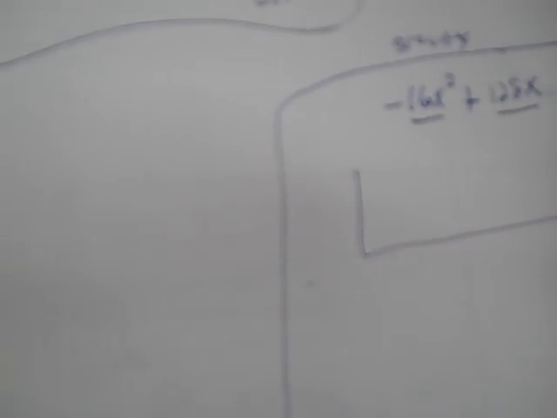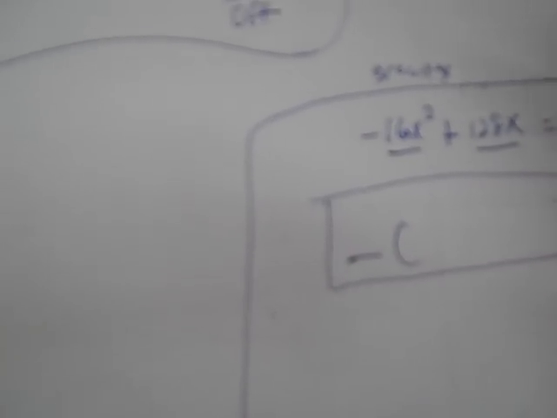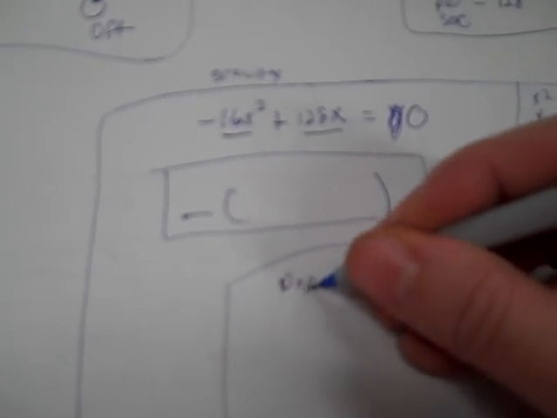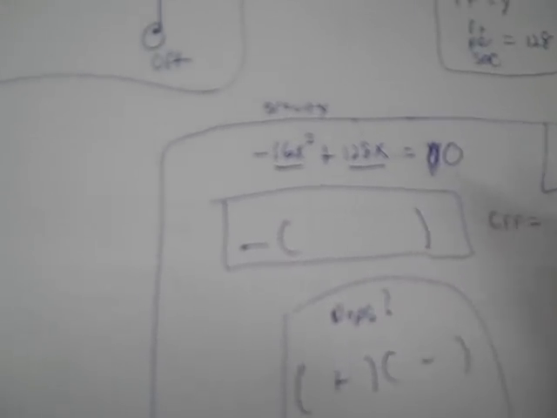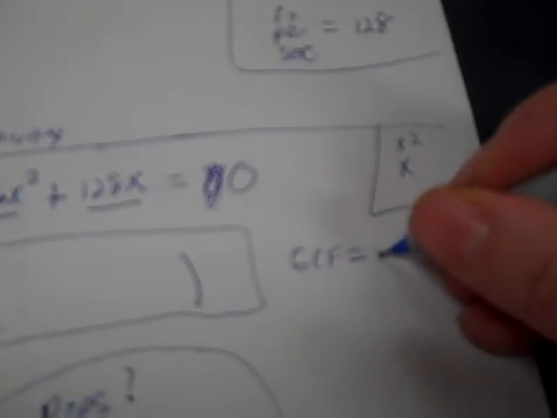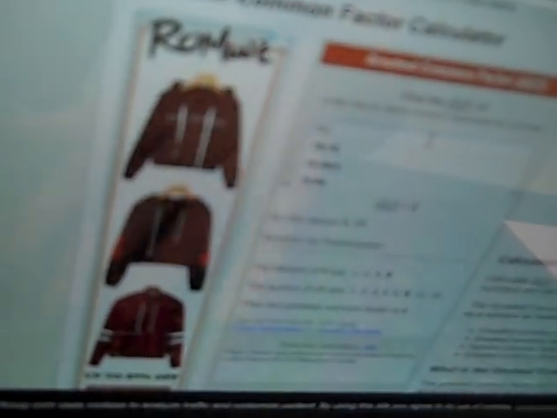So I would look for a GCF. And then I would see if the result is a difference of perfect squares. Okay, now do I have a negative in front? Yes. I have x on both. And then we're going to have to GCF calculator the 16 and the 128.